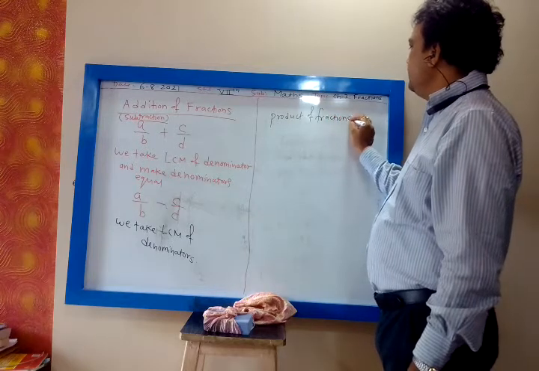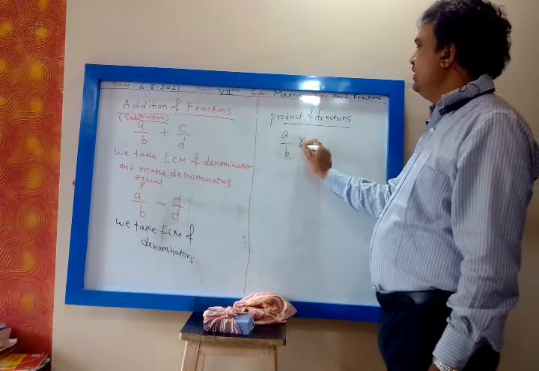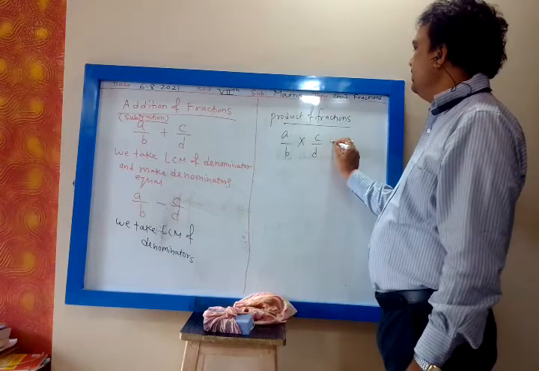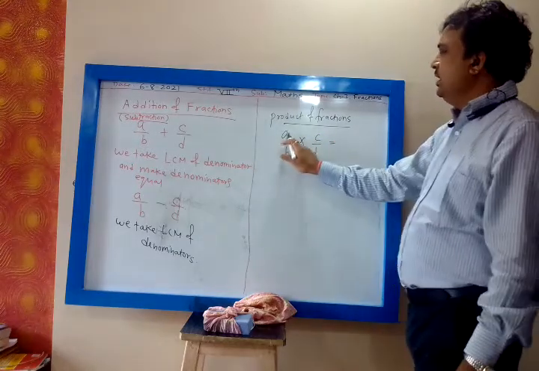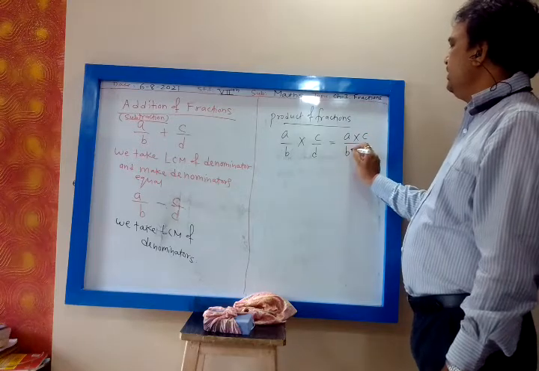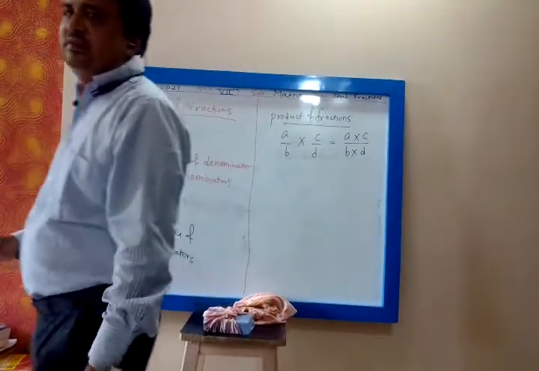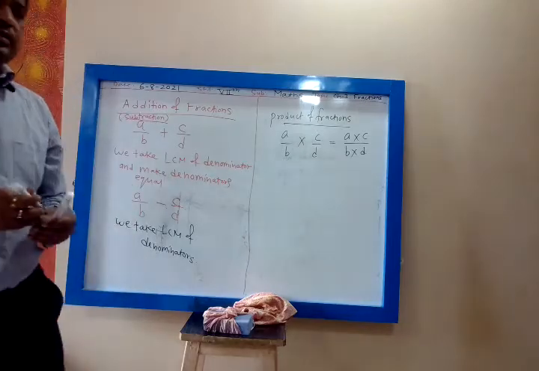Then product of two fractions. Product means multiplication. So what is that? A by B into C by D. How do we multiply two rational numbers? We multiply numerator to numerator, A into C upon B into D. How do we multiply two fractions? Multiply numerator to numerator, not cross multiplication.